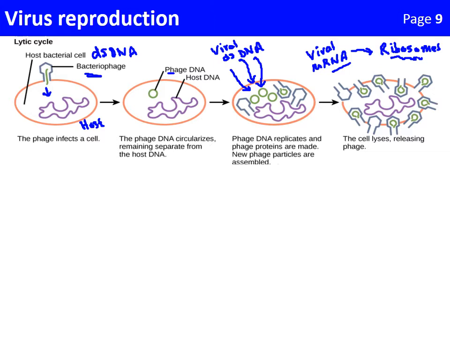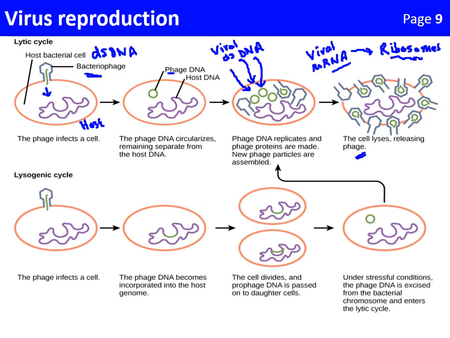So the new viral DNA can then be encased within the new capsids that are formed, and we get thousands of new virus particles. Now these normally emerge from the host cell, if it's a bacterial cell, by lysis. So the bacterial cell is destroyed, thousands of new virus particles are then released, and they can go off and infect other similar bacterial cells.